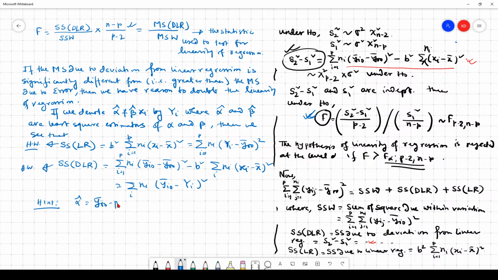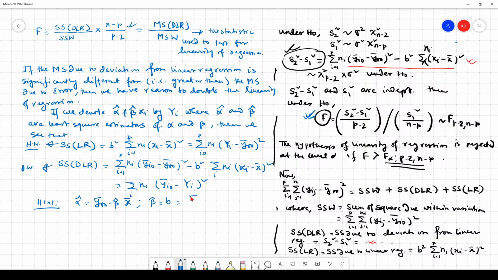For beta hat, you just use the least-square estimator, which is simply b.